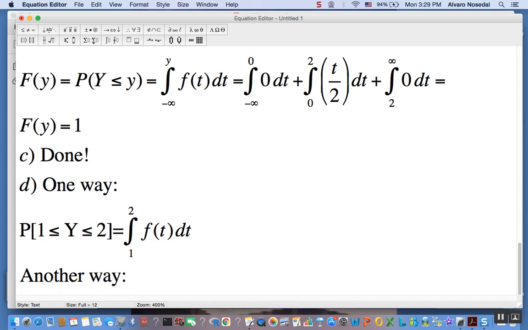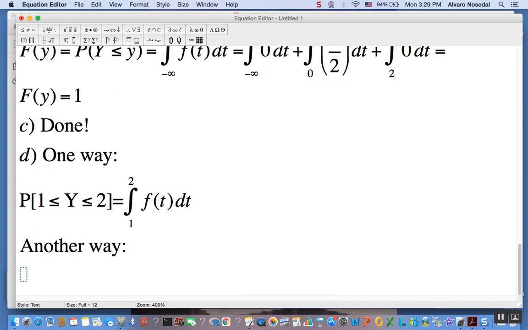I am a lazy guy, and we have already worked really hard to find the expression of the CDF from negative infinity to infinity. So let me show you something.